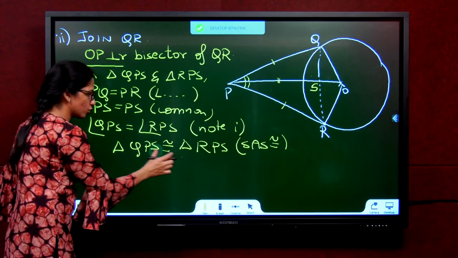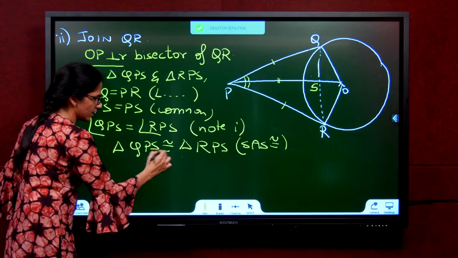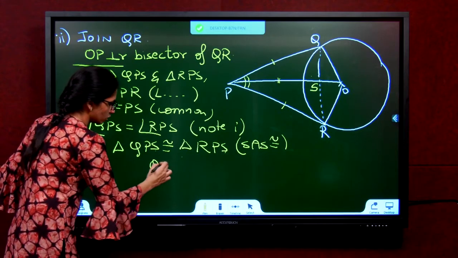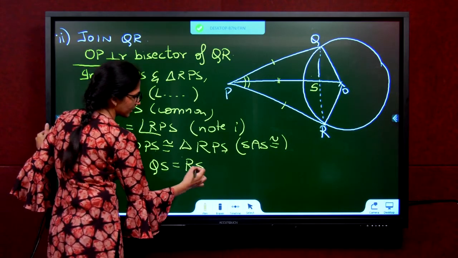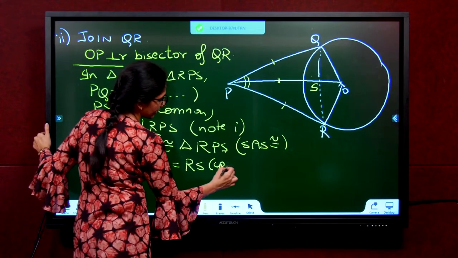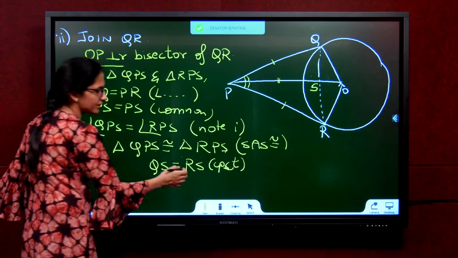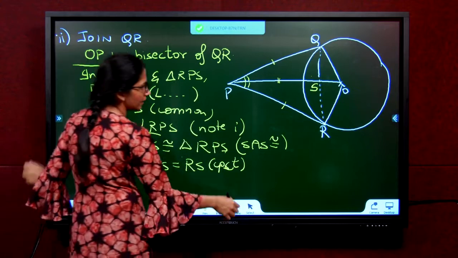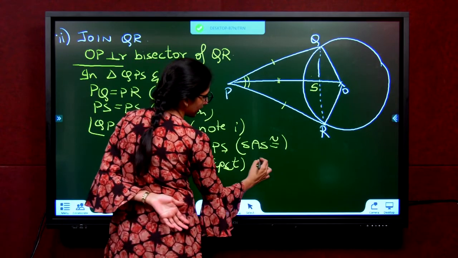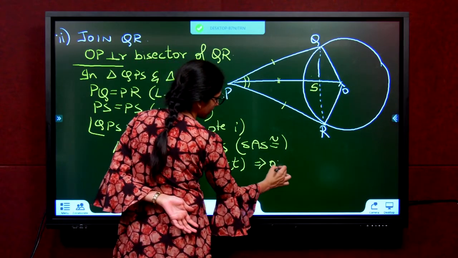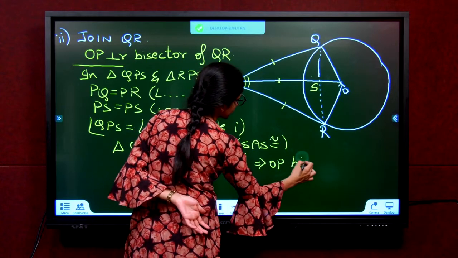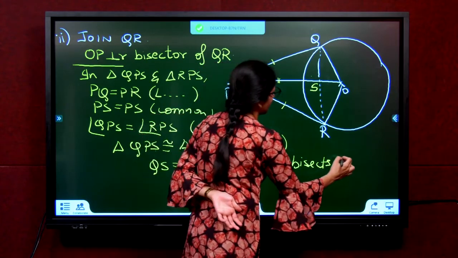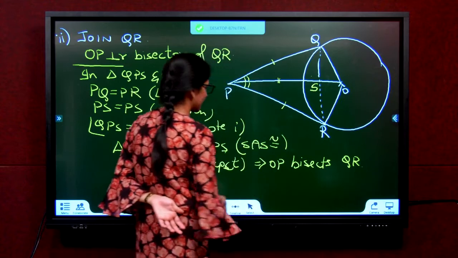From this, can I say QS is equal to RS? See, QS, RS, yes. QS is equal to RS. Why? CPCT. If QS is equal to RS, can I say it's bisected? Implies OP bisects QR. Yes, it got bisected.